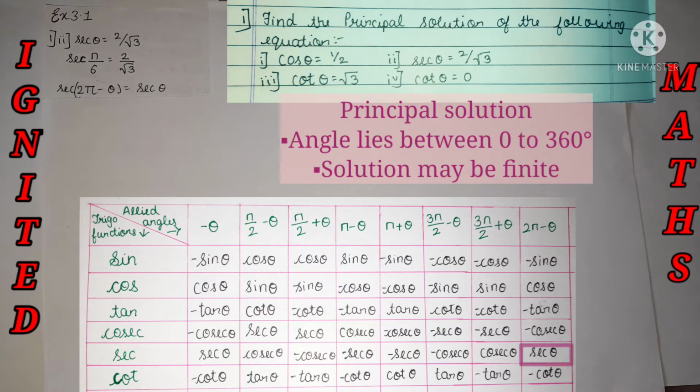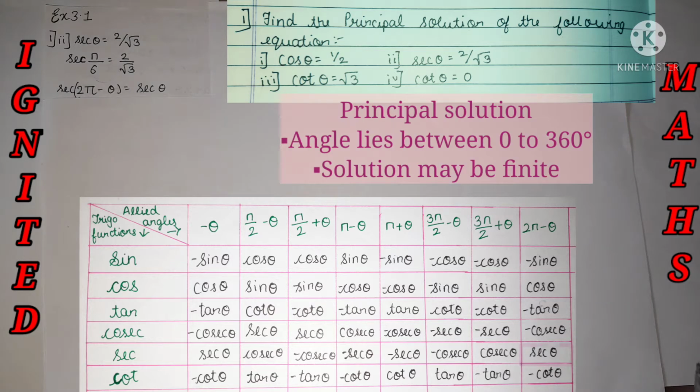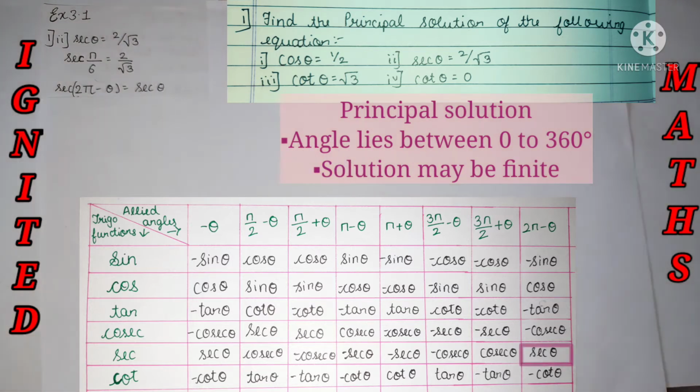But if we use the other angles like pi minus theta, pi by 2 minus theta, pi plus theta, we will be getting the answer as negative, or the trigonometric function changes. Sec of 2 pi minus theta is equal to sec theta. Now the theta is pi by 6. If we put the value also, it's all right.